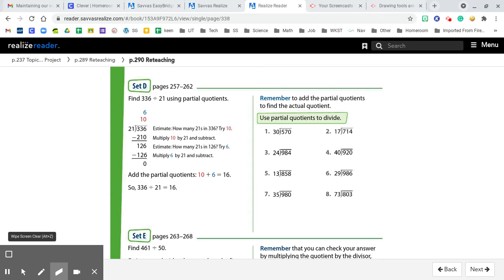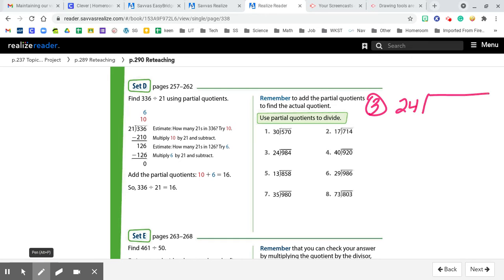Number 3, 24 into 984. 24 times 10, 240. And if I know 24 times 2 is 48, 24 times 20, I could always be bold and go beyond the 10.